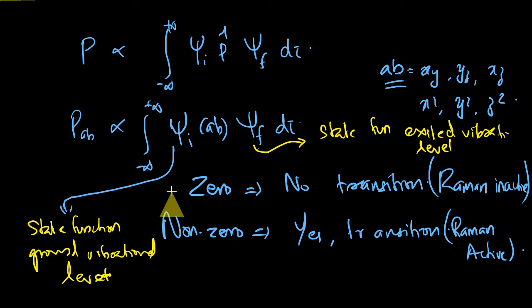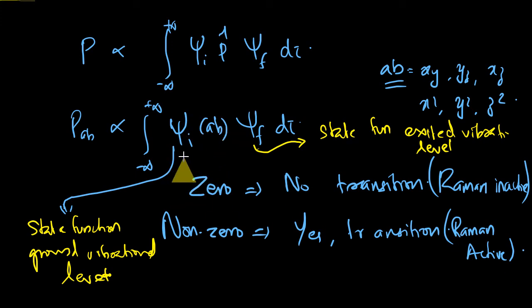I have already explained this well in the case of the IR, and that is why I am not explaining too much here. So psi i represents the state function corresponding to the ground vibrational level, and psi f is the state function corresponding to the excited vibrational level.